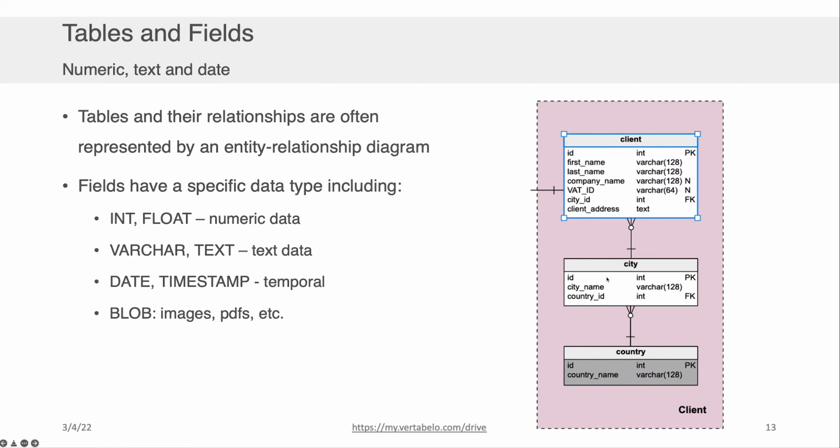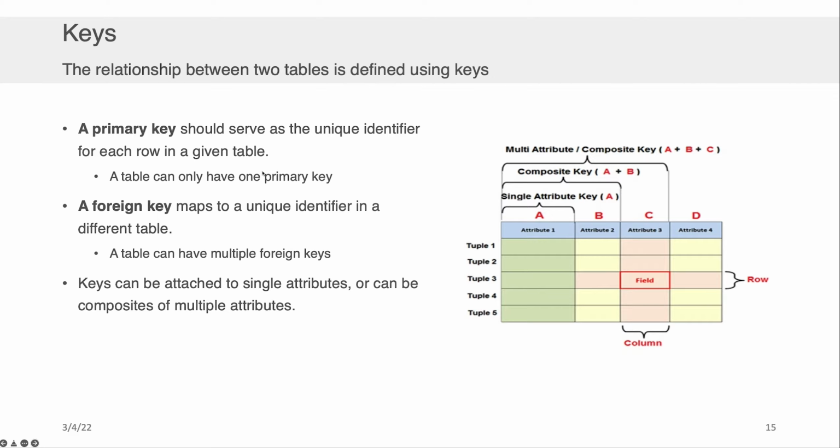Okay, so there are these two kinds of keys. There's the primary keys and there's the foreign keys. They're used to create the relationships across tables in the case of the foreign key, and to govern the uniqueness of a given row within a table in the case of the primary key.